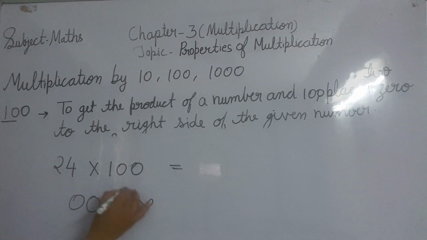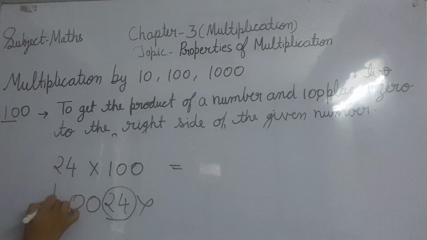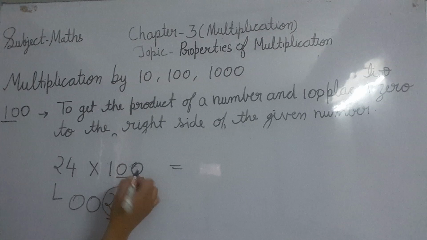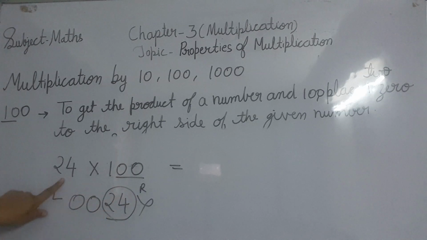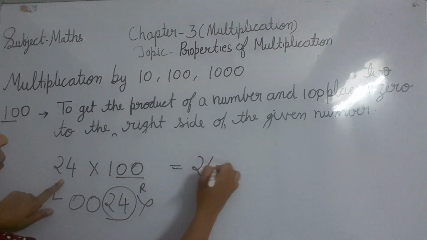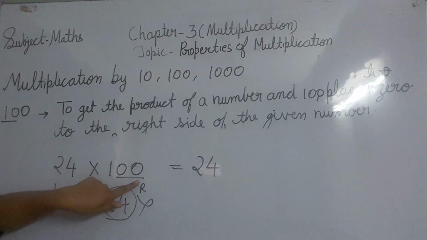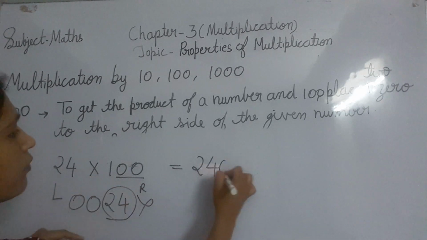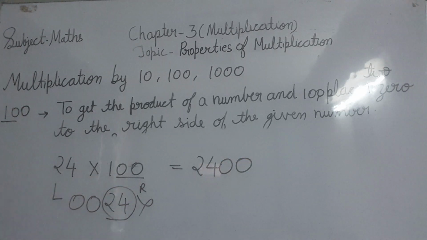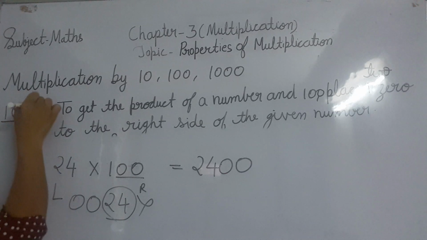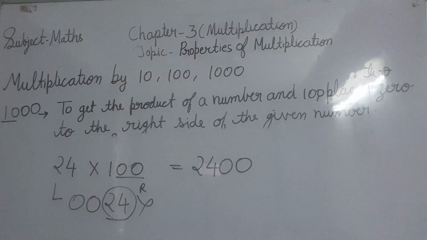This is only 24. This is the left side and this one is the right side. So on the right side we have to place the 2 zeros. So what should be the answer? I am writing 24 here and 2 zeros on the right side of the number. So 2400. Clear? The same way, if you multiply by 1000, what will happen?